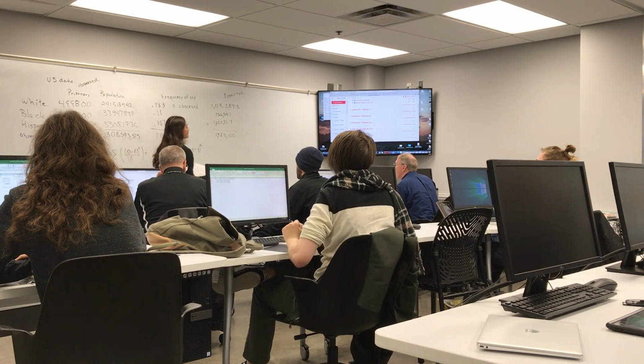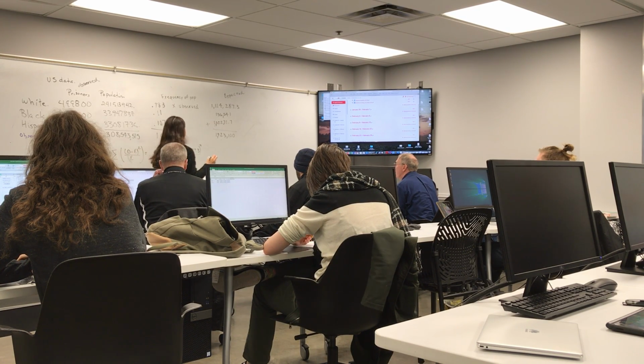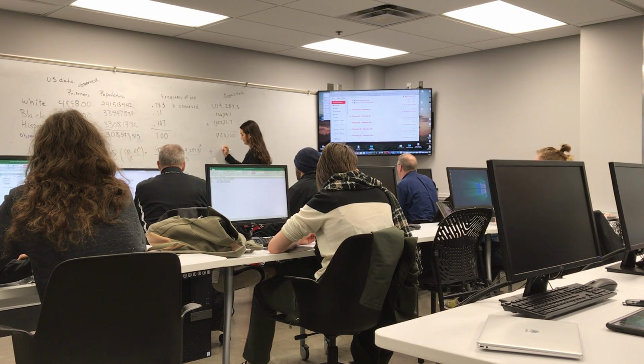You have fewer white people imprisoned relative to what you would expect based on their representation in the population as a whole. Yes. By over 600,000 prisoners fewer than you would expect.